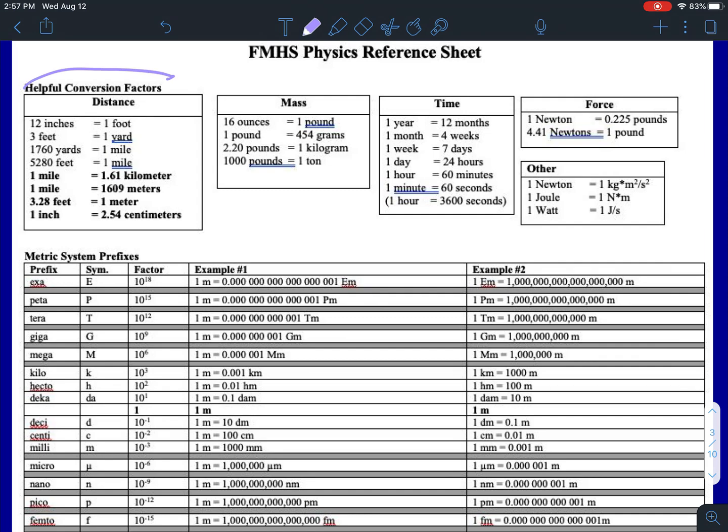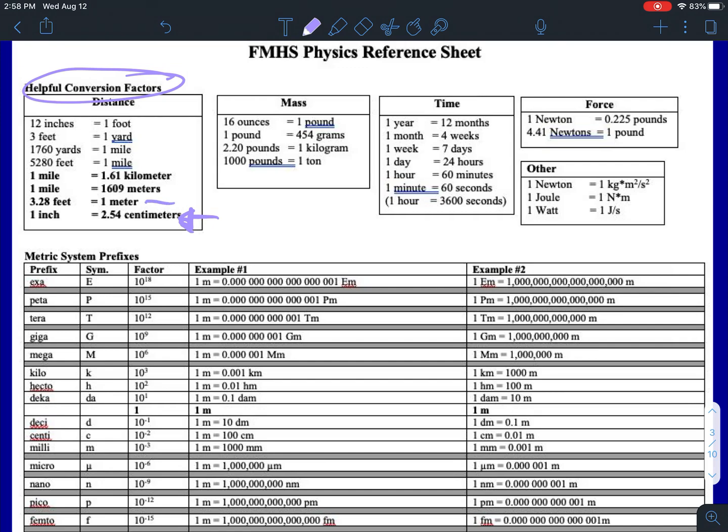Up here at the top, you've got conversion factors. So let's say that we're back in person and you are measuring something in a lab and you forget that we're in the metric system and you use inches. Well, instead of having to remeasure, you actually can find the conversion right here. So you can go from inches to centimeters.